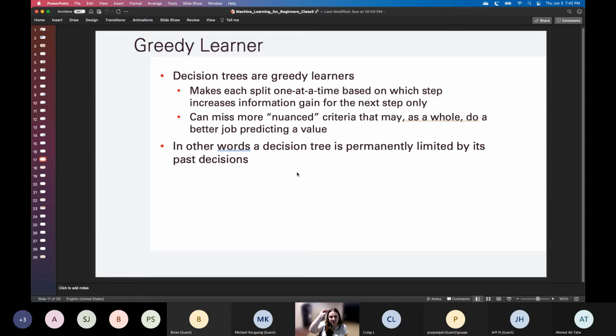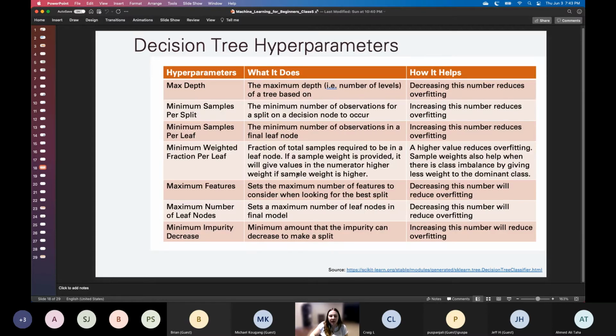Basically, by the first decision that we make, the decision tree is permanently changed and limited based on that decision, and every decision after that. So it may not have started off being the best long-term solution. That is also another reason why decision trees do not perform as well. So the actual modeling part of decision trees, like understanding the model, is not the hard part.